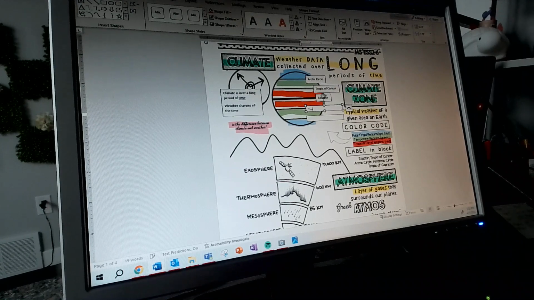This is our Tropic of Capricorn. Okay, and then finally our Antarctic Circle.